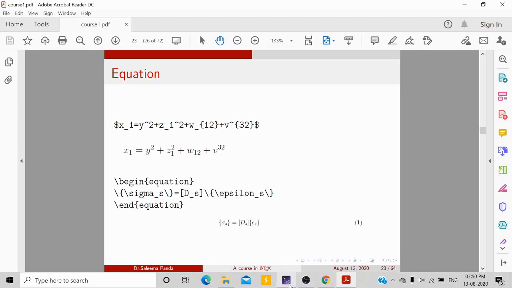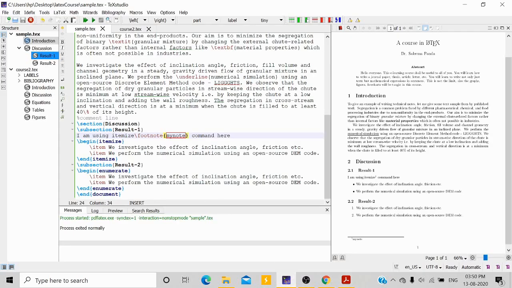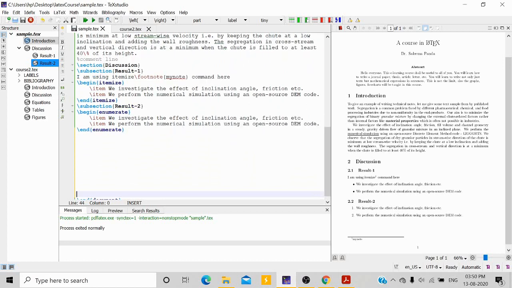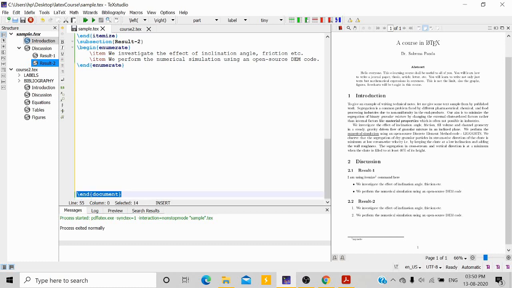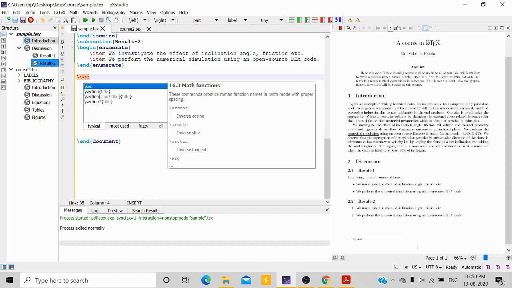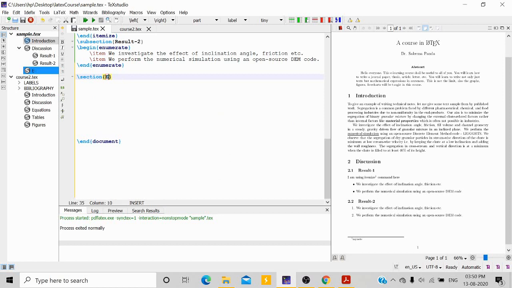Let me write it here in the document. I'm putting in a new section and writing equations here.